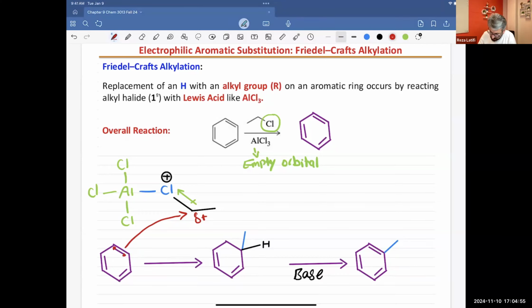Very soon this is going to happen, and we will have the ethyl attached to the ring. But now we have a positive charge, and the positive charge will be on this carbon. So we can restore the aromaticity by taking H from the ring, and the one that is going to do it for us will be aluminum with 4 chlorides, because this one has a negative charge.